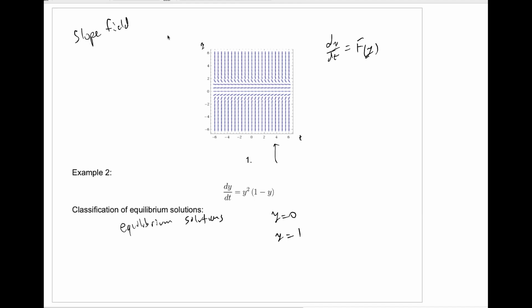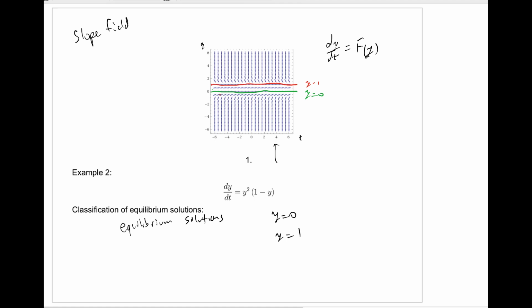And if I draw those solutions in here, there's the green one here, and the red one here, y equals 1. Those are our equilibrium solutions.